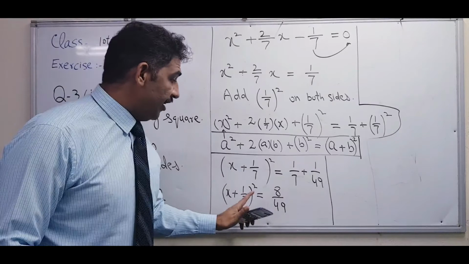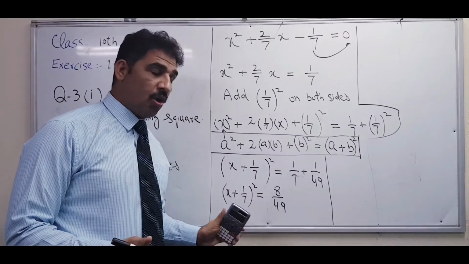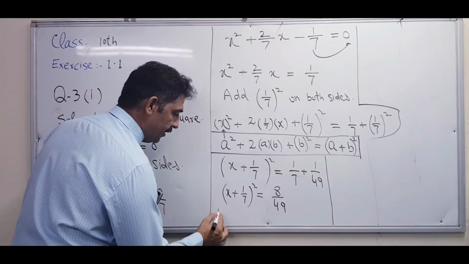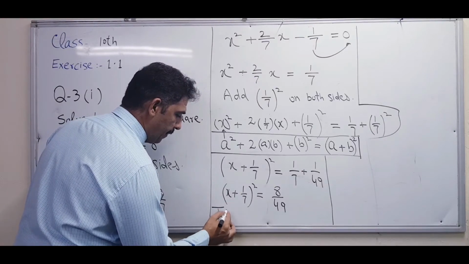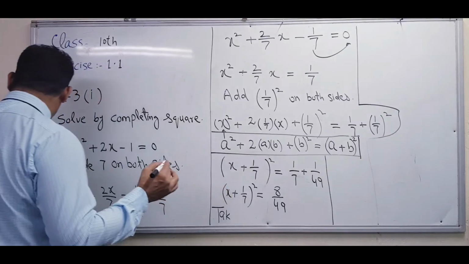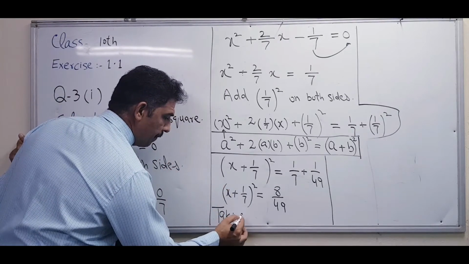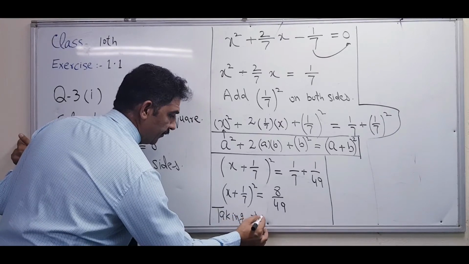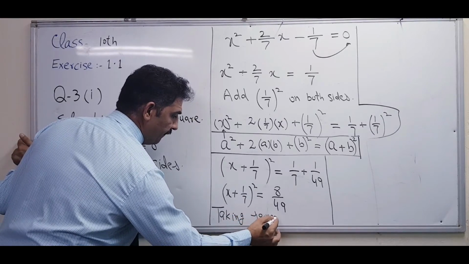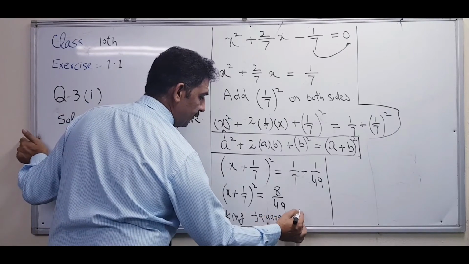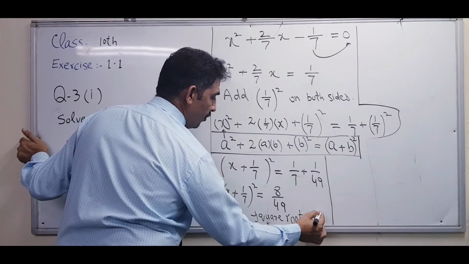Right, here you will say that taking square root on both sides. I want to complete the steps, that's why. Taking, after that I will use the calculator. Square root on both sides.